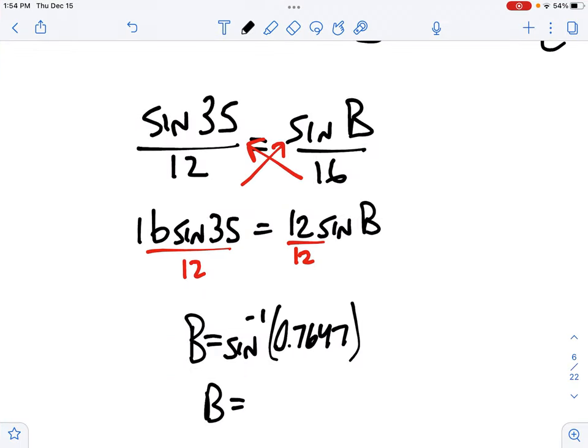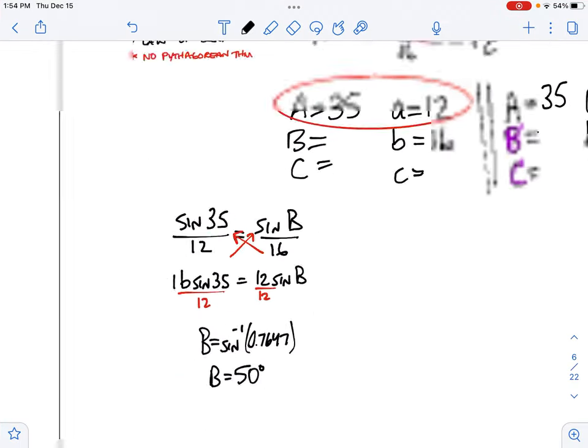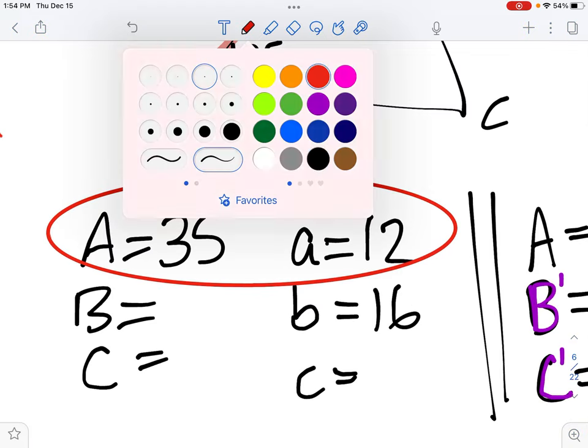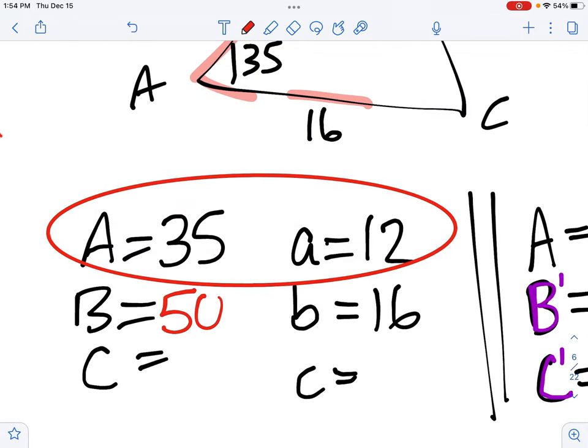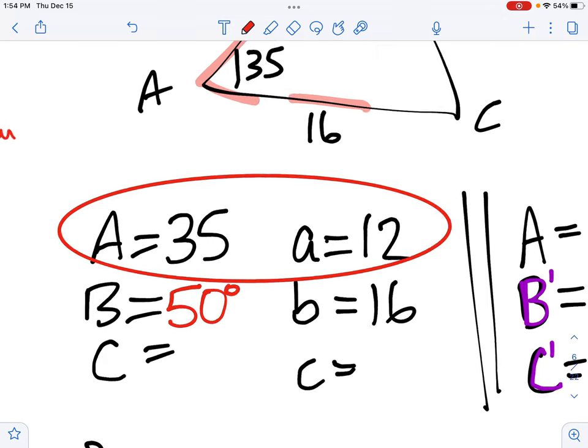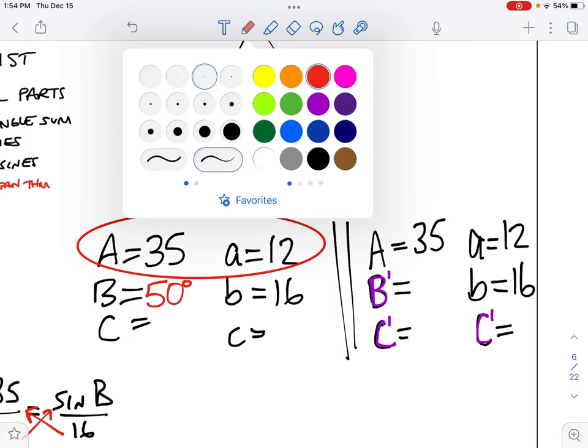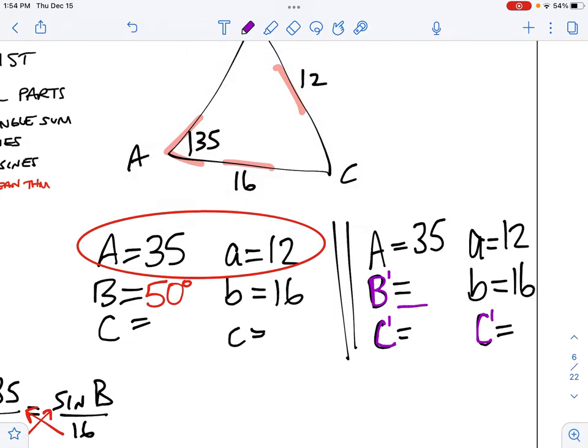We're going to call that 50 degrees. So I go back up to my organized list and I write in 50 degrees for angle B. And just like I said previously, the first angle you find in the original and the first angle you find in the Bizarro triangle would be supplementary to each other. So that makes this 130, because 50 and 130 make 180.